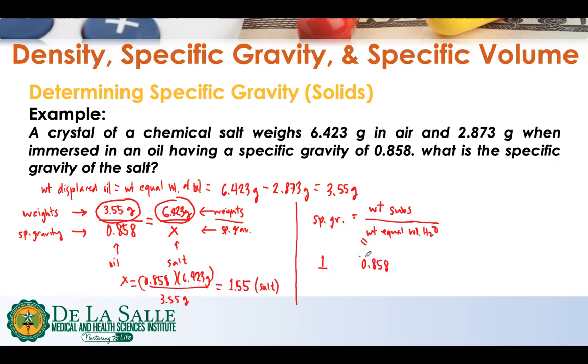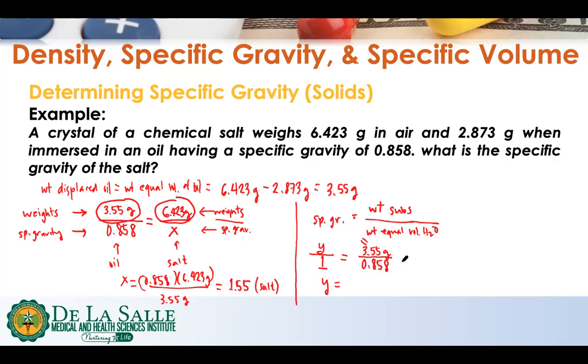Now, we also know that the chemical crystal salt displaces a volume of the oil that weighs 3.55 grams. Therefore, we can determine the amount of water with the same volume that could have been displaced by the same volume of the chemical salt using this proportionality.